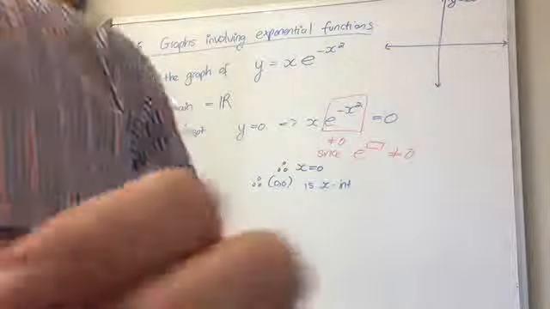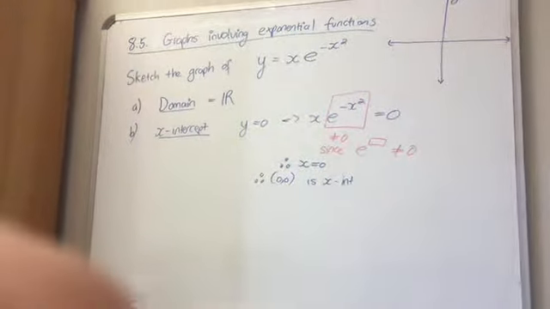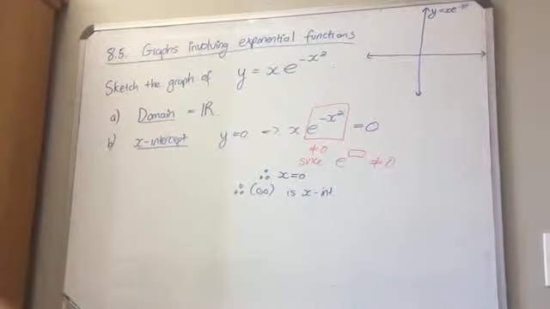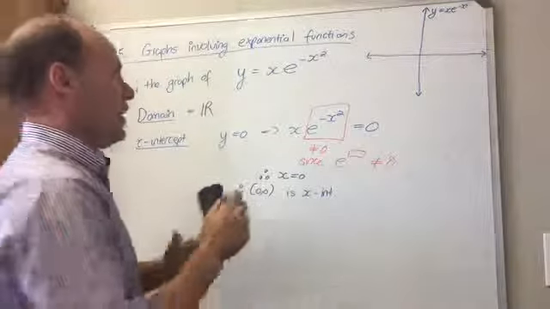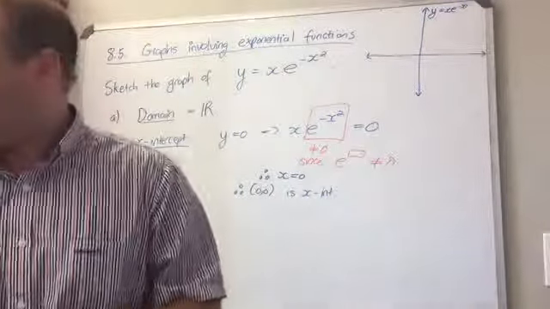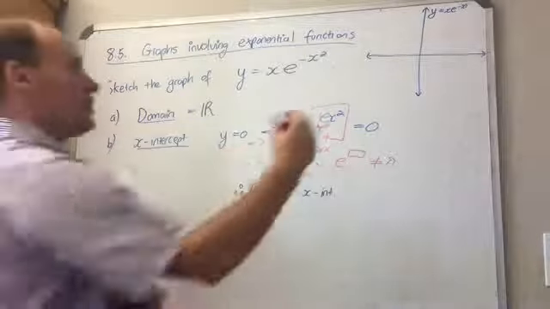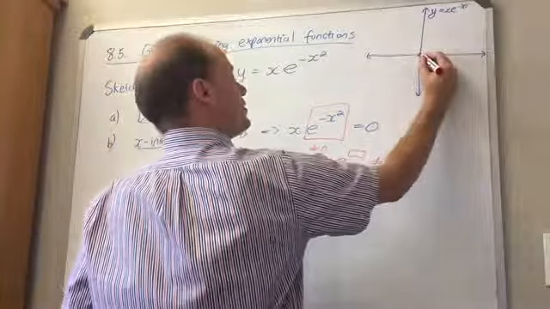Let's just move this slightly across. So what have we just worked out? We've worked out the x-intercept. So every time I've got a point on the graph, I'm going to do it in red. So we've got a single point on the graph.